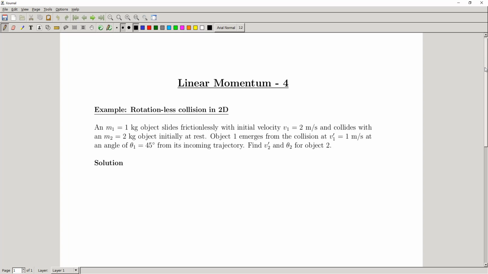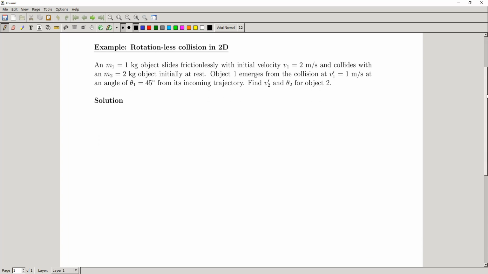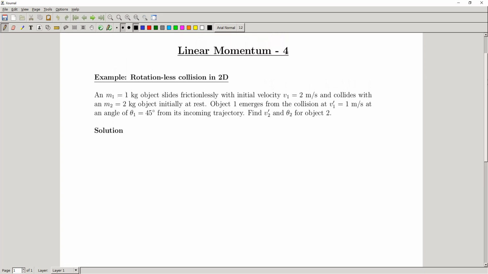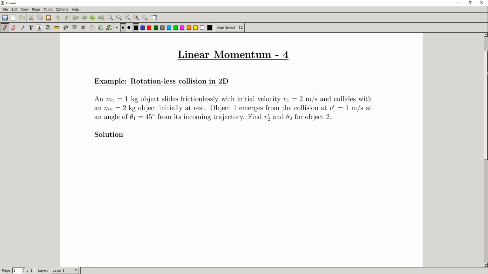Okay, so maybe the first thing to do here is just to draw the problem out. We obviously have a choice on how we want to orient our coordinates, right? So let me start by just drawing the masses. So we had m1 here. It had some initial velocity v1, right? This would be a vector, and so it then slams into this object m2.